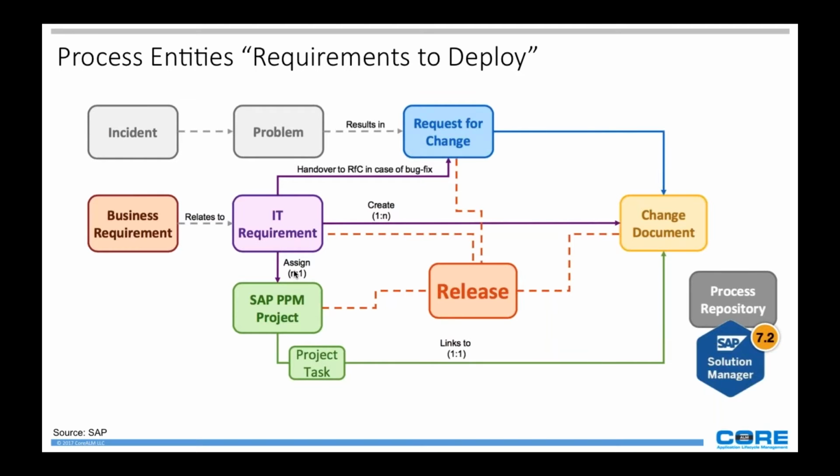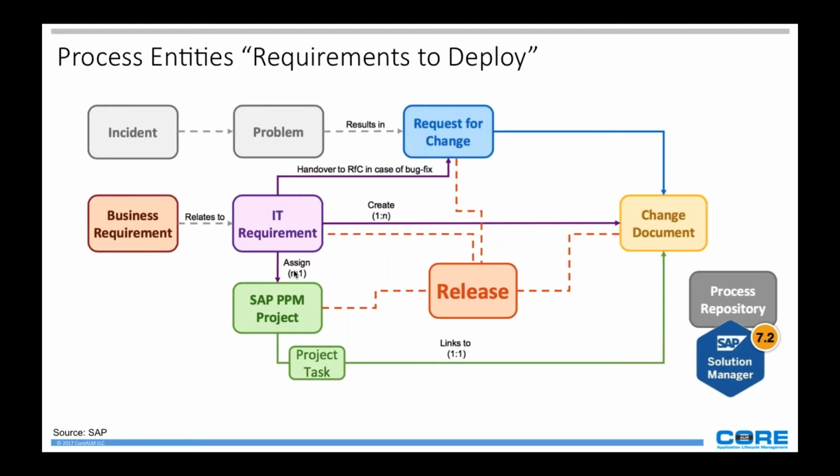When we talk about requirements to deploy, here's the thing. A lot of customers, before SAP introduced requirements management as a standard tool in 7.2, were collecting requirements through emails, through spreadsheets, or through their ServiceNow ITSM system.